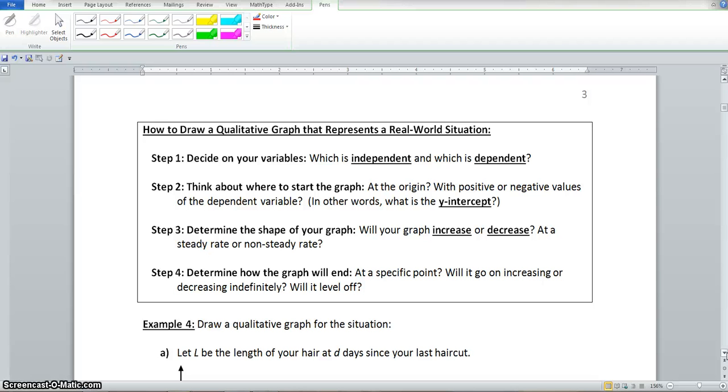In other words, what is the y-intercept? Next, determine the shape of your graph. Will the graph increase or decrease at a steady rate or non-steady rate? And step 4, determine how the graph will end. At a specific point, will it go on increasing or decreasing indefinitely? Will it level off? These are all the questions you need to ask yourself when you're graphing.